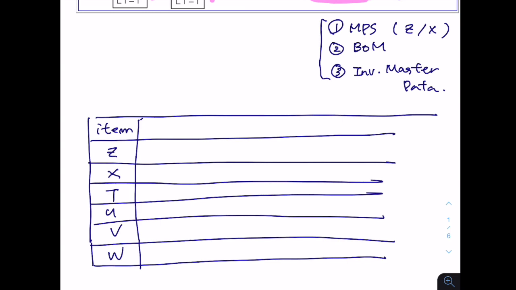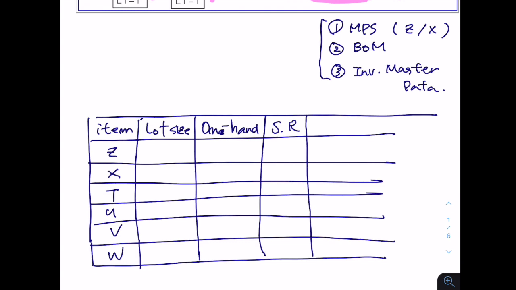First of all, let's say we have lot size and on-hand inventory. And if there is a scheduled receipt, I will use SR, which stands for scheduled receipt. We want to write that down here, and we also want to describe MPS here.